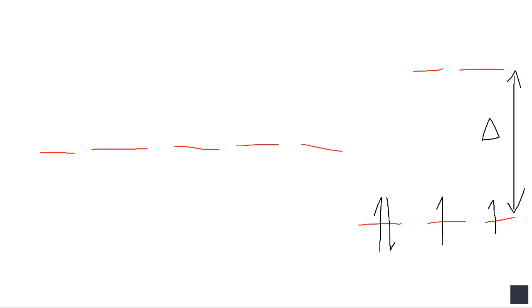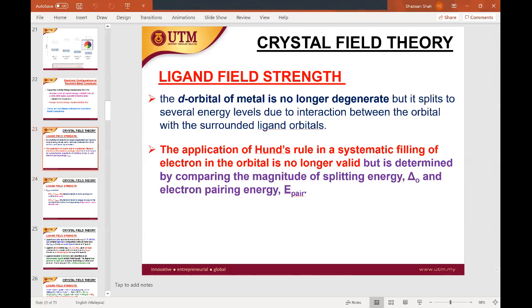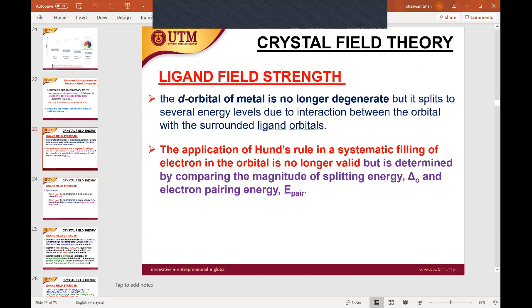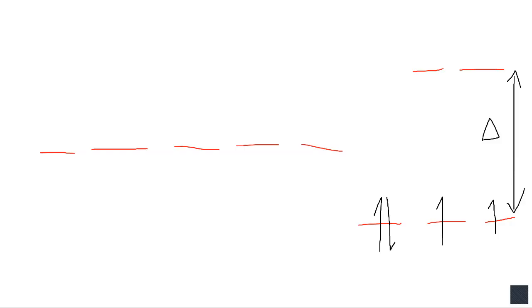So going back to the slide. This is called electron pairing energy, the energy required to pair the electron. So the electron can be singly occupied or it can be paired. This one is a single electron.